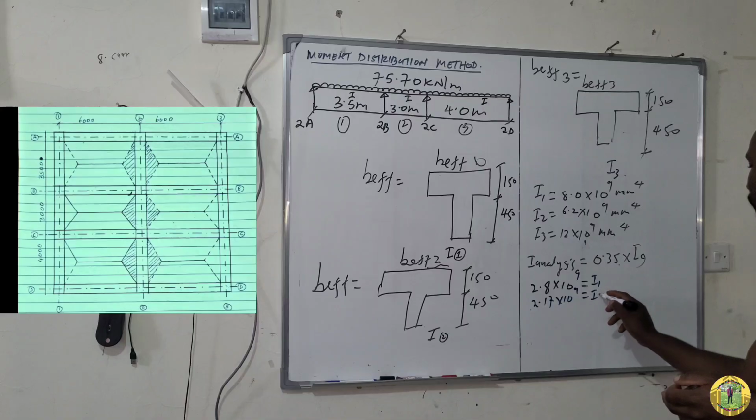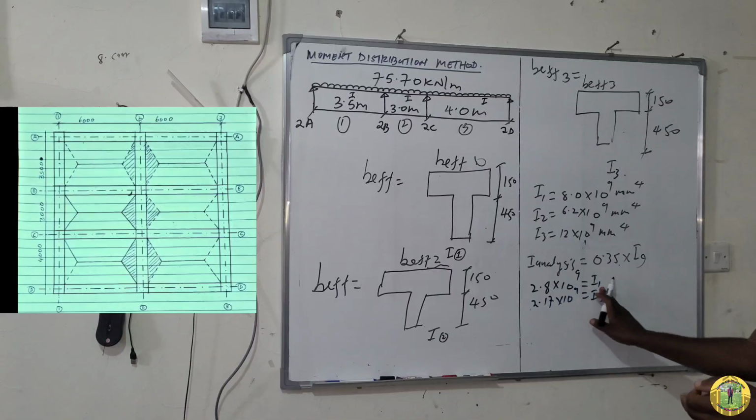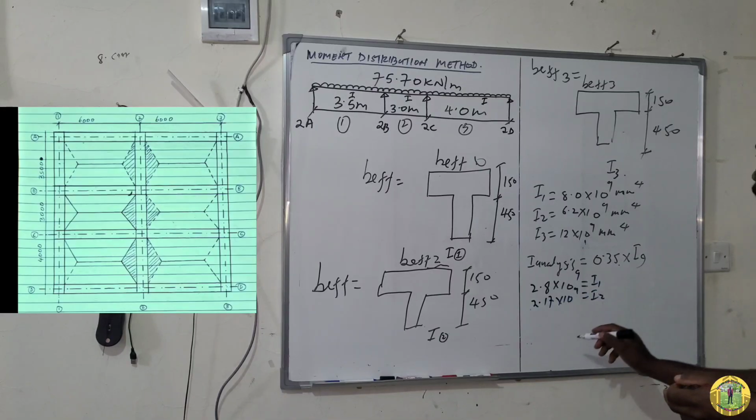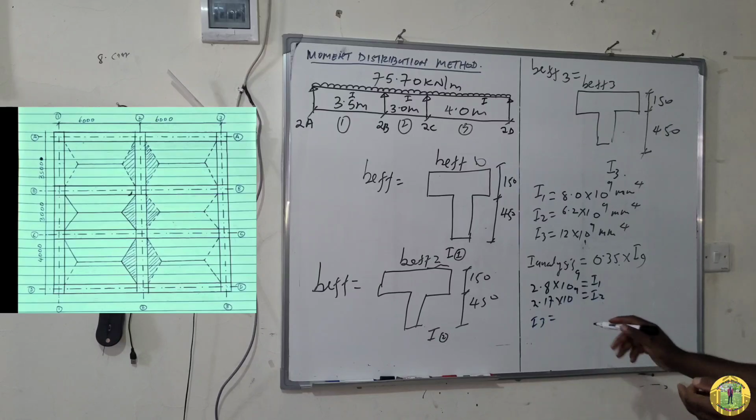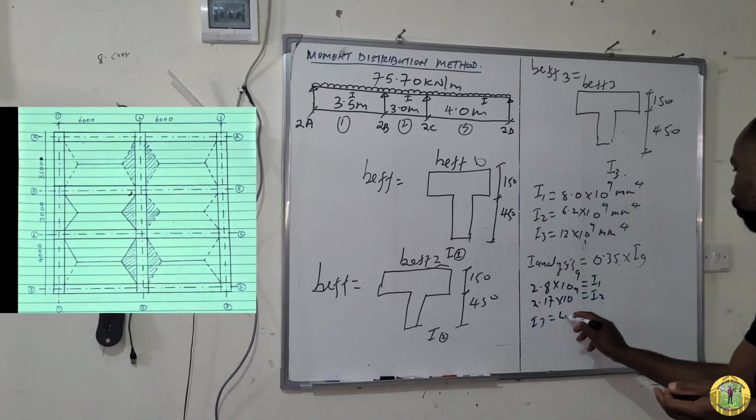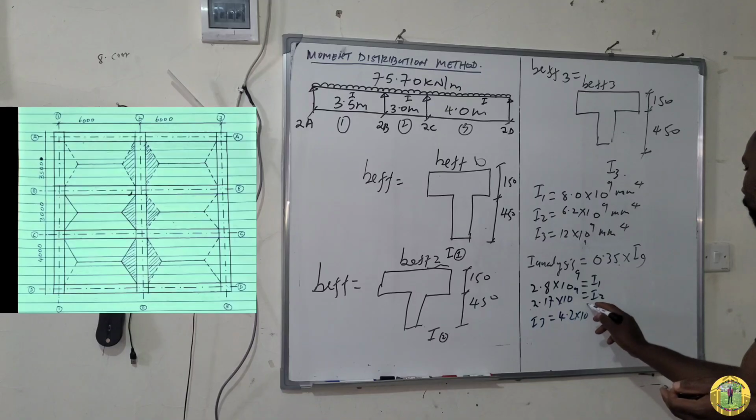So this is I2. And then we proceed to I3. We will have 12 times 0.35. So this is 4.2 times 10 raised to power 9.